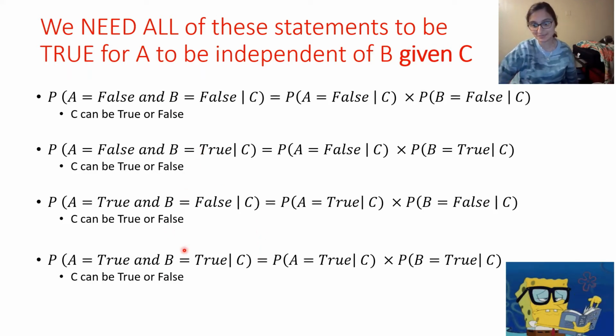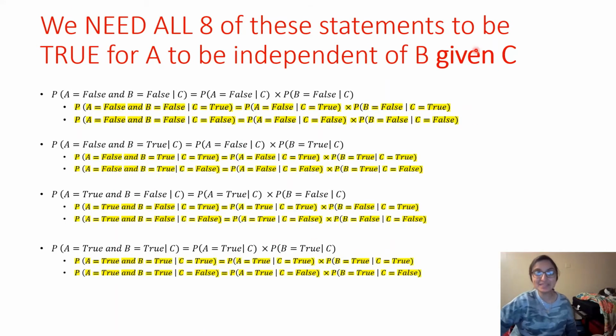And so we need to break them apart into the set of values of C. So basically for these 4, since we have 2 possible values of C, we're going to have 8 total equations. So 8 total tests. As I mentioned, it gets kind of tedious to do this. So basically, we need all 8 of these statements to be true for A to be independent of B given C, which is the same thing as B being independent of A given C.